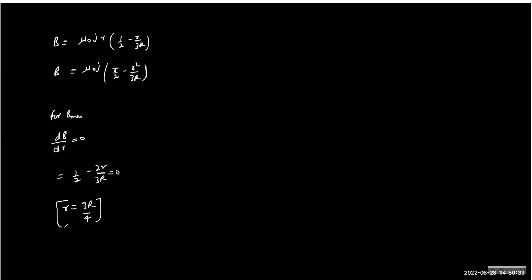So at 3/4 radius, B becomes maximum instead of at the surface, which was the older case.